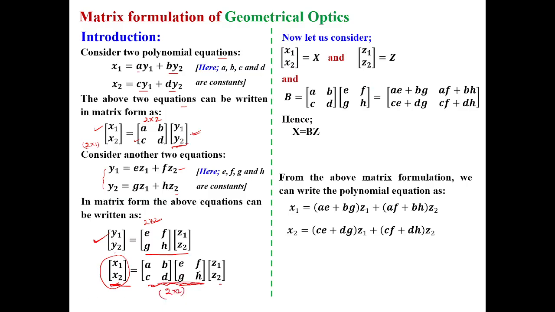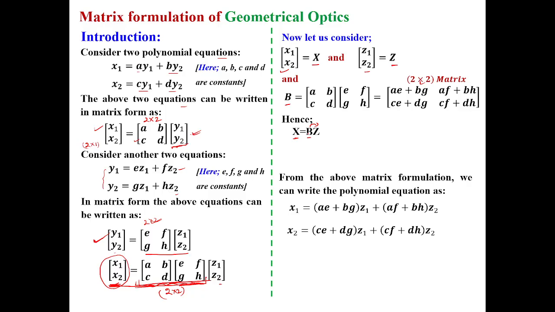For simplicity, I consider the x1, x2 matrix as x, the z1, z2 matrix as z, and the product of the two 2 cross 2 matrices as another matrix, M. If I consider the multiplication of these two matrices, I get this, which is itself a 2 cross 2 matrix, right? Now I can get the x matrix by applying M upon z.